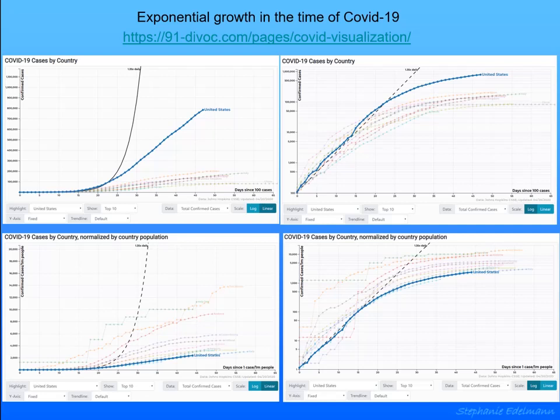And it's not until almost day 25 that the curve in America flattens away from the exponential growth, which is probably when we started using social distancing.